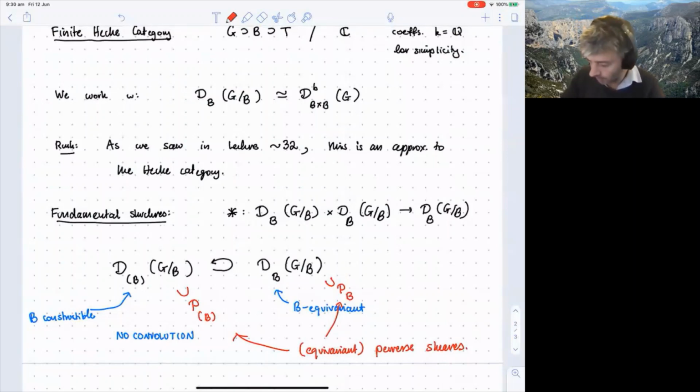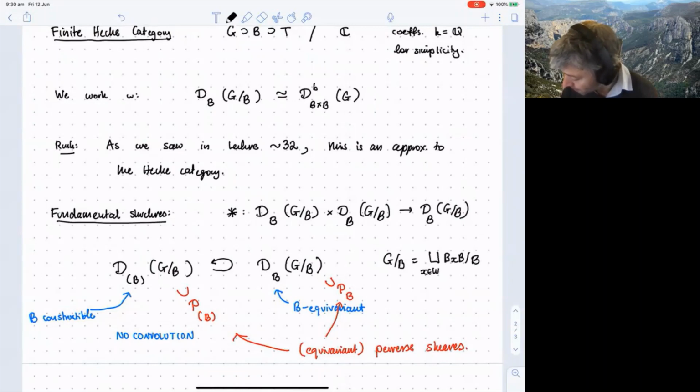Okay, and we also have the Bruhat decomposition. I'll try and keep writing W_f for the finite Weyl group to remind ourselves that we're really headed for the affine case.